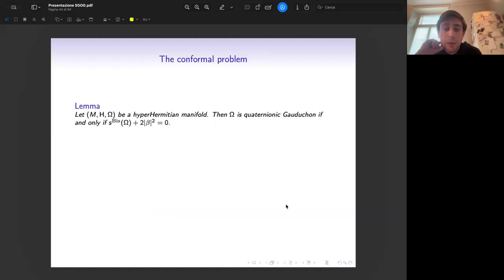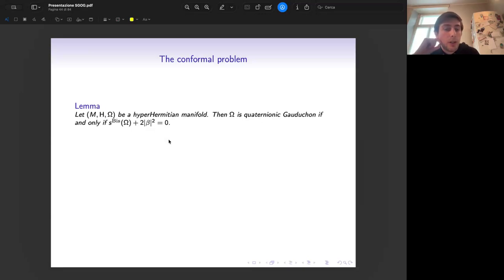A hyper-Hermitian metric will be quaternionic Gauduchon if the Bismut scalar curvature satisfies this equation. Namely, we want the Bismut scalar curvature to be minus twice the norm of beta.